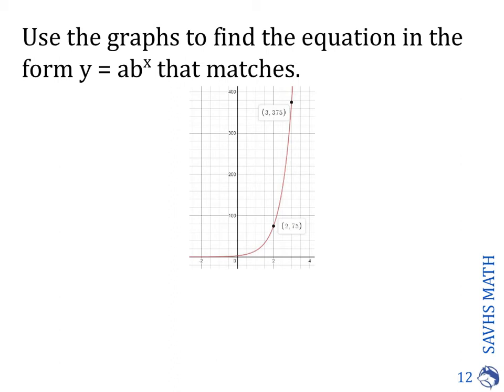Notice, if you would, at the very beginning here, the asymptote is still y equals 0. And we're going to assume that we're not having any horizontal translations either. So our answer will be looking like y equals ab to the x.